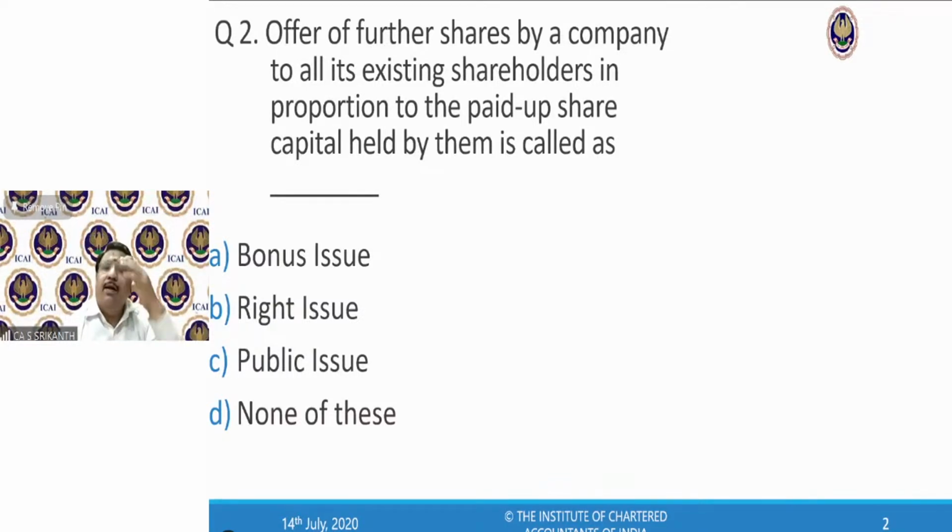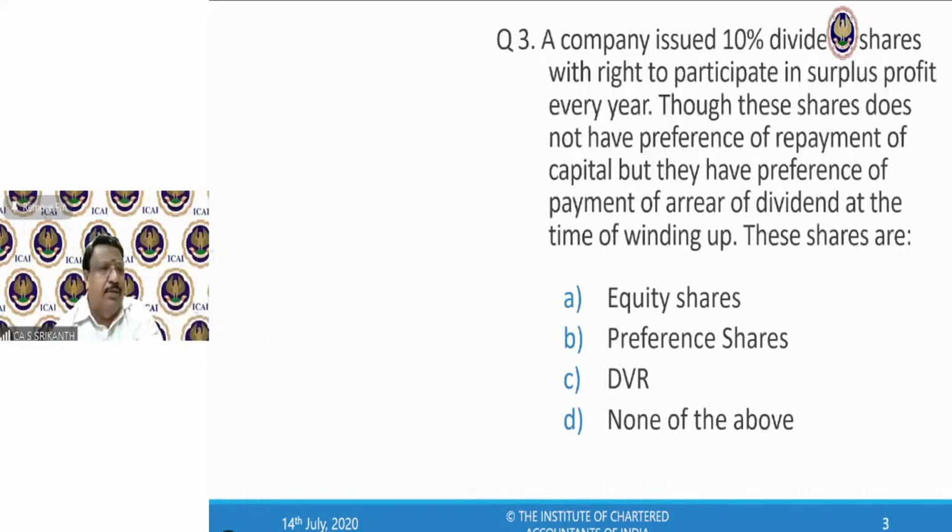Bonus issue is where we allot shares free, fully paid up. We capitalize the reserves. We convert the free reserves and securities premium into shares. Whereas rights issue is where he actually has to pay for it, but he'll get it in proportion. Sometimes the price is lower than the market price, sometimes, but not always. Public issue is where we go for full price.